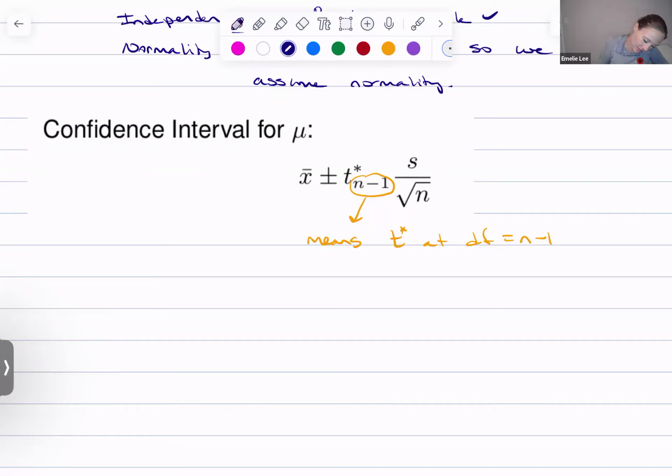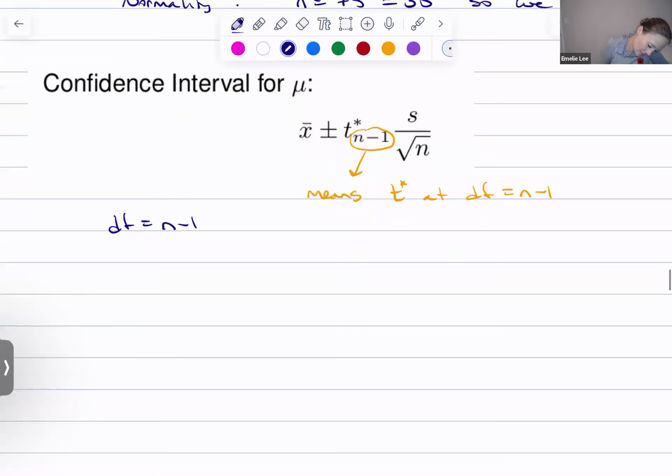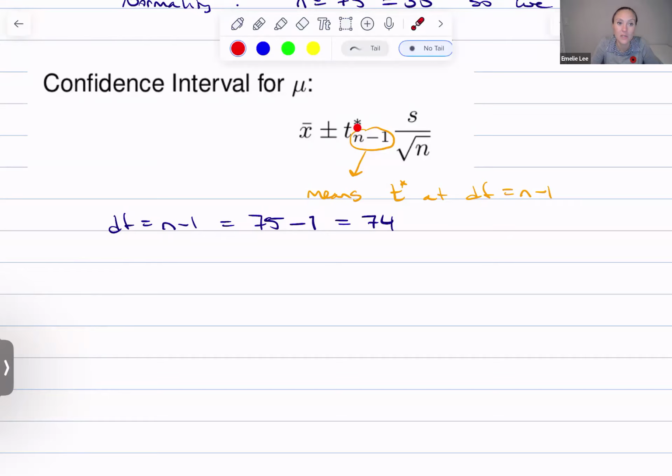So let's find our degrees of freedom first. N minus 1. And like I said, usually I write across 75 minus 1 is 74. Let's go to our T table because our goal is to find this T star at 74 degrees of freedom.